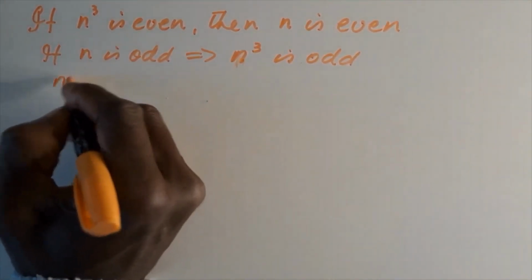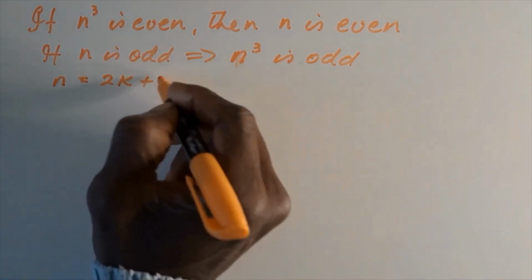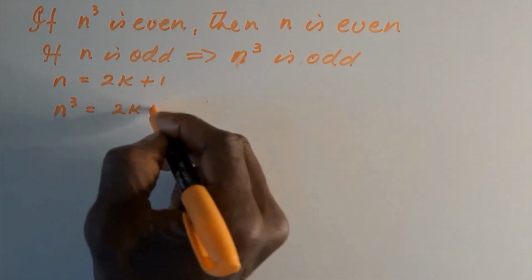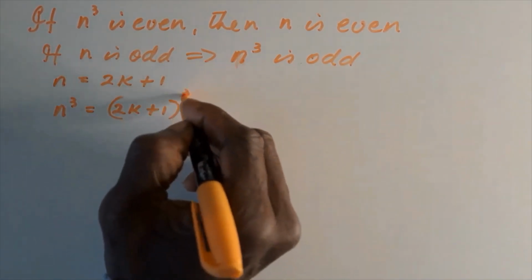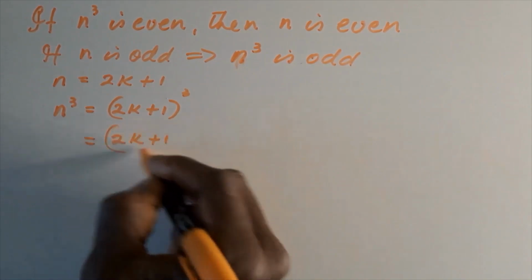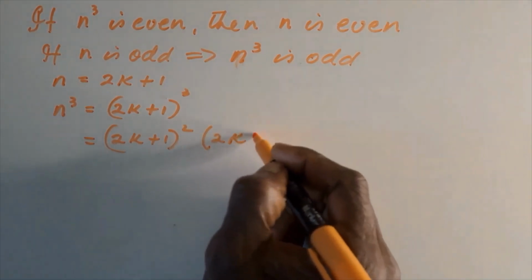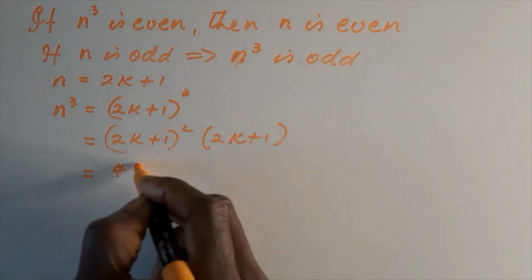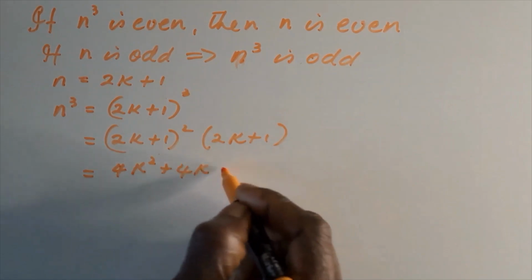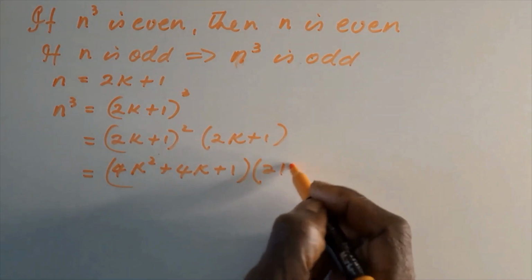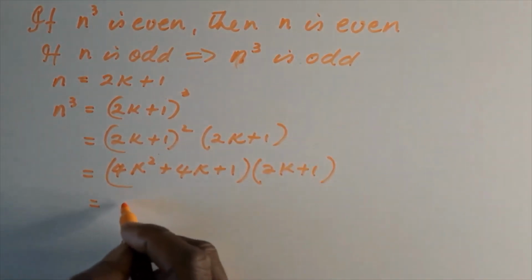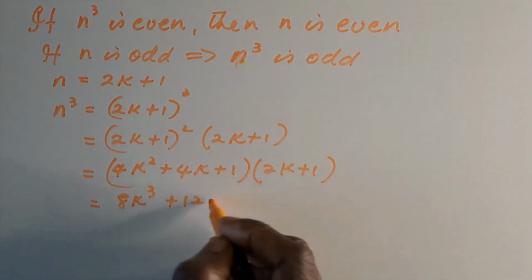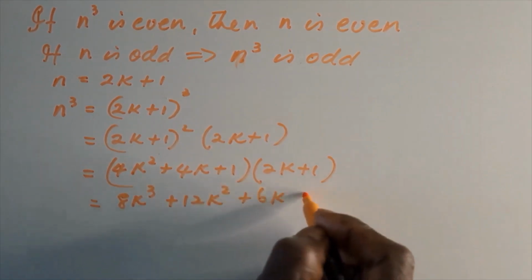Now if we take n to be 2k add 1 to represent some odd number, then n cubed is (2k add 1) cubed, which is equal to (2k add 1) squared times (2k add 1). Now (2k add 1) squared would give us 4k squared add 4k add 1, and we multiply that by 2k add 1, and this gives us 8k cubed add 12k squared add 6k add 1.